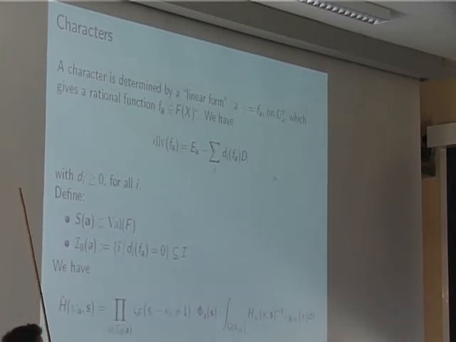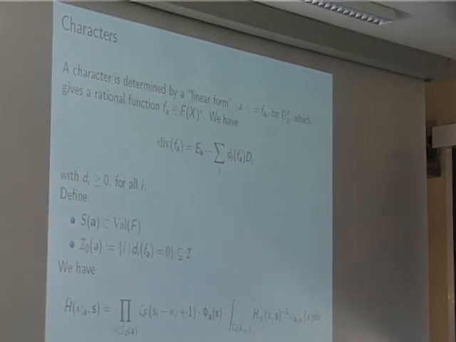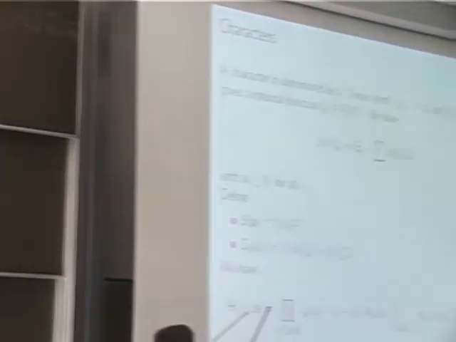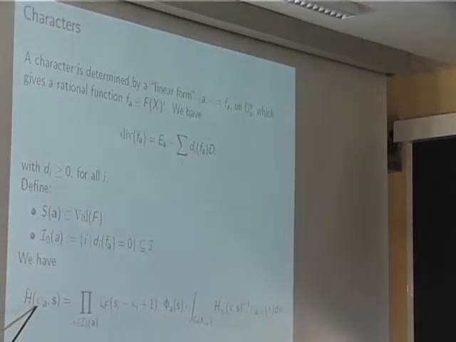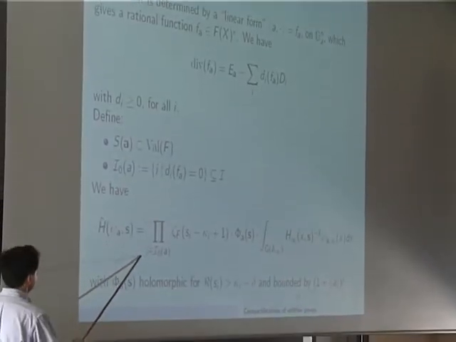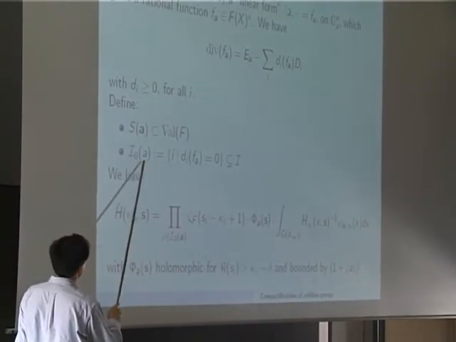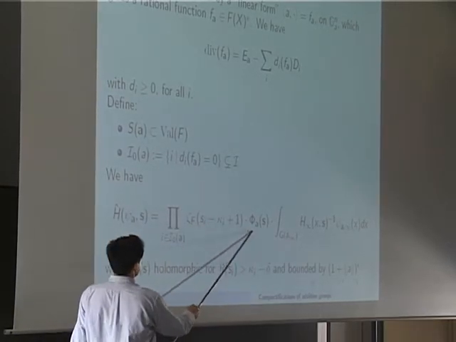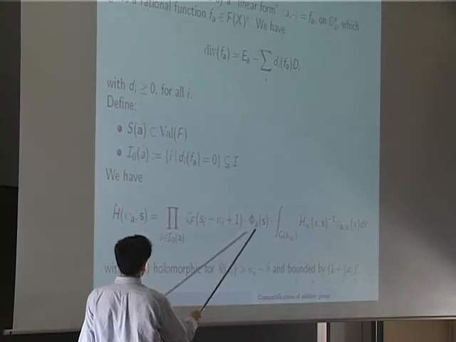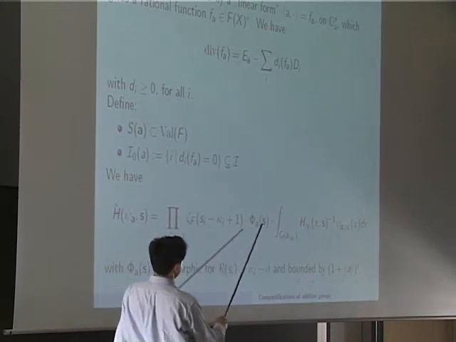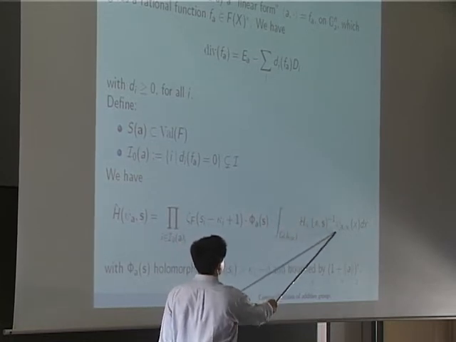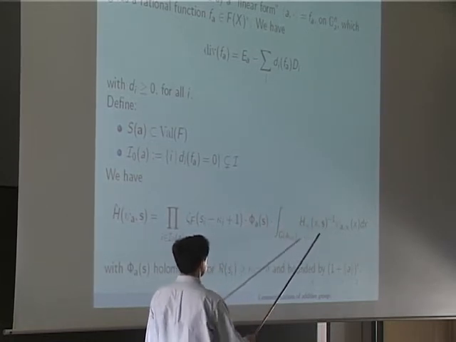And then there's a formula which is very similar to the formula for the trivial representation, and is derived in a similar way, which says that the Fourier transform with respect to this non-trivial character is a product over all i's in this subset of I of zeta functions, times a function which depends on A and which we will have to bound uniformly in some sense, times the contribution from the places at infinity, the Archimedean integrals.